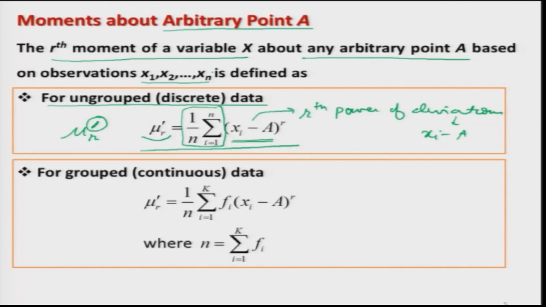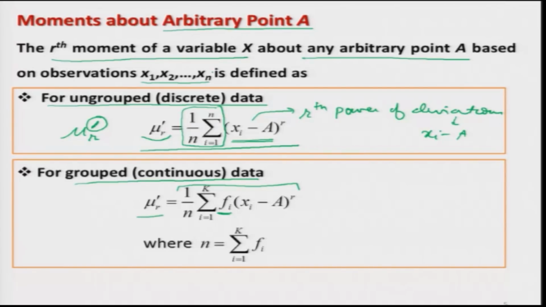Now, similarly, if you have grouped data on a continuous variable, the same can be similarly defined. Now I am trying to find out the weighted mean of the rth power of the deviations, and the weights are given by the frequency, right.